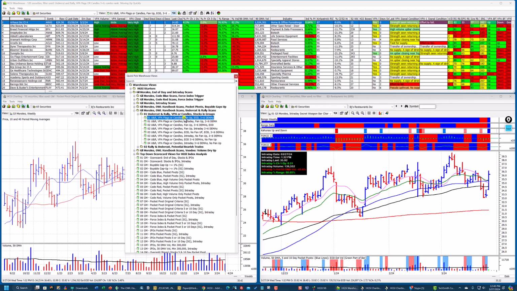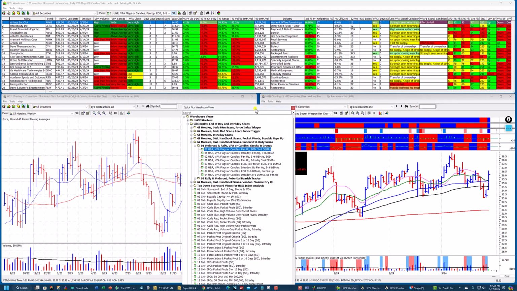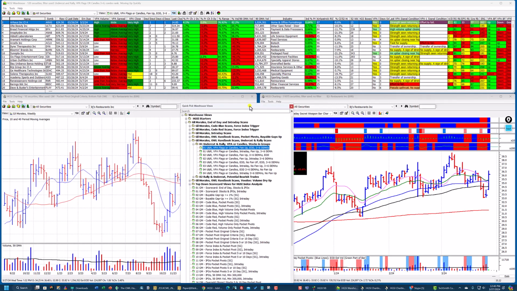This fan is up, which means the 200, the 100, the 50, and the 18-day exponential moving averages, which I use, are all stacked. That creates a fan. So these are stocks that are pulling back with the fan up.